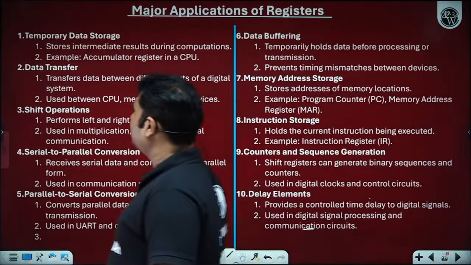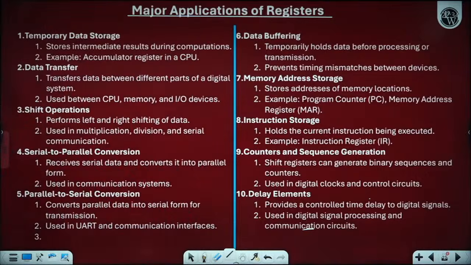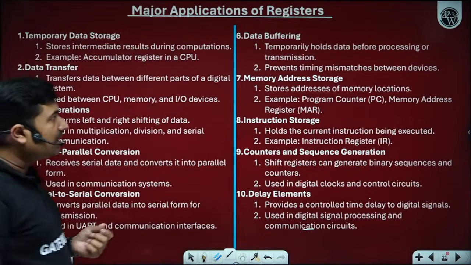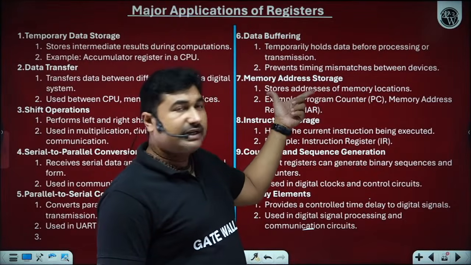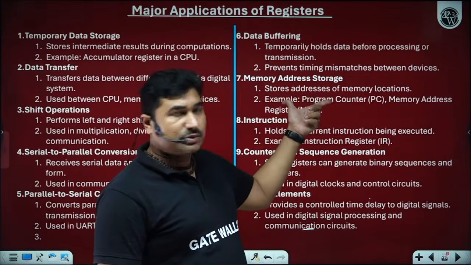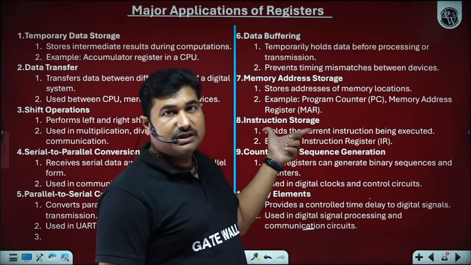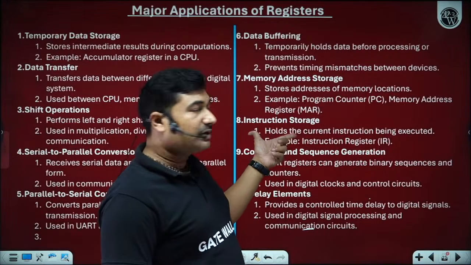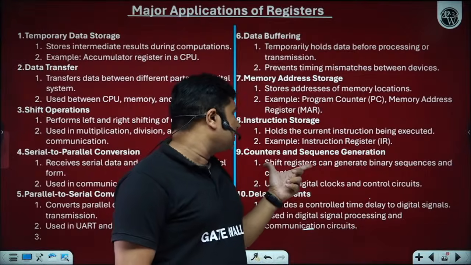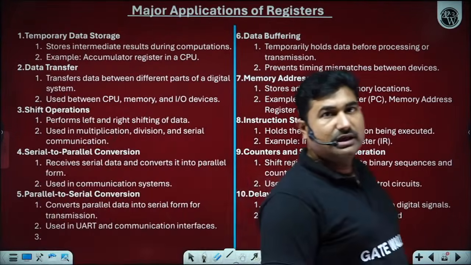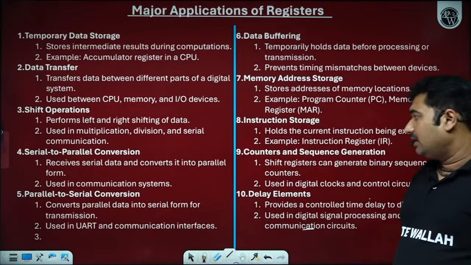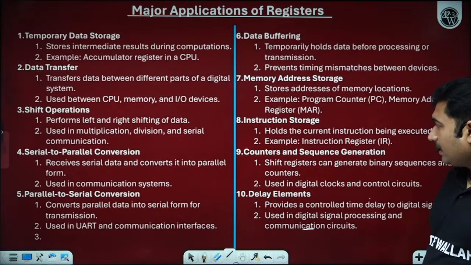I have shown you this as well. Temporary data storage, data transfer, shift operation, serial to parallel conversion, parallel to serial conversion. Data buffering is also one we can use. Memory address storage, where we can use the shift registers or registers. It is used for instructions or counters and sequence generation, mostly used in your ring counter and Johnson ring counter, or a delay element.